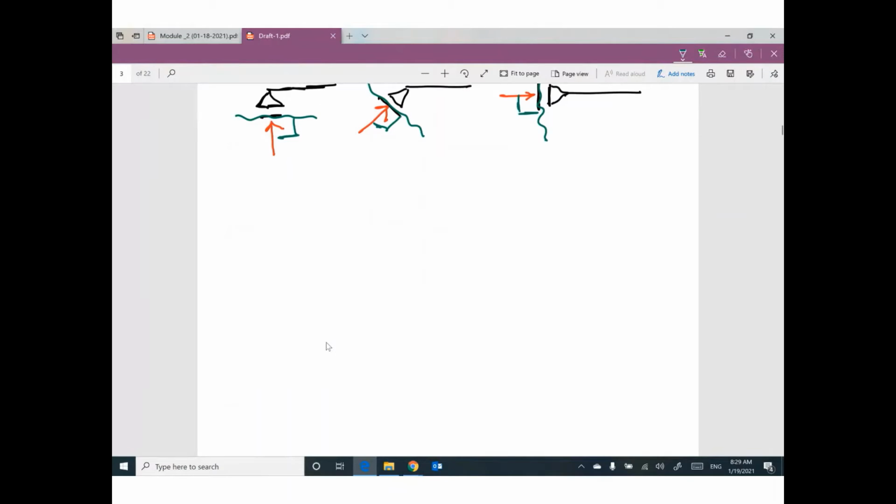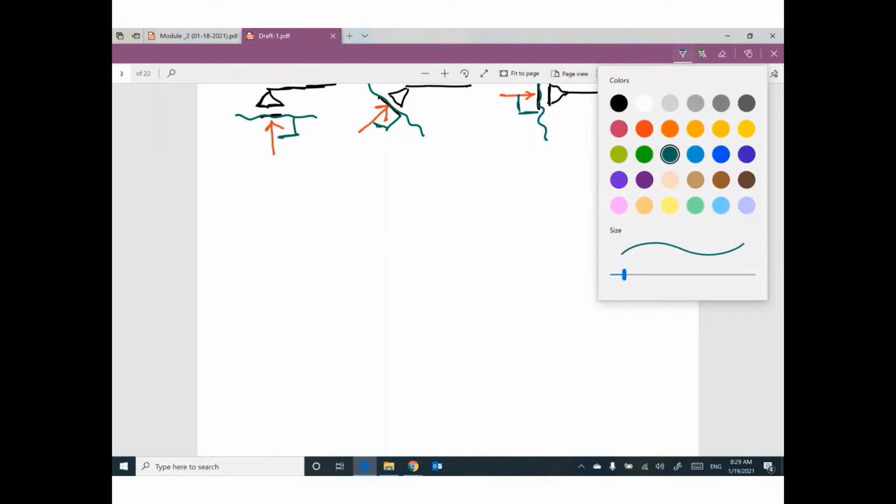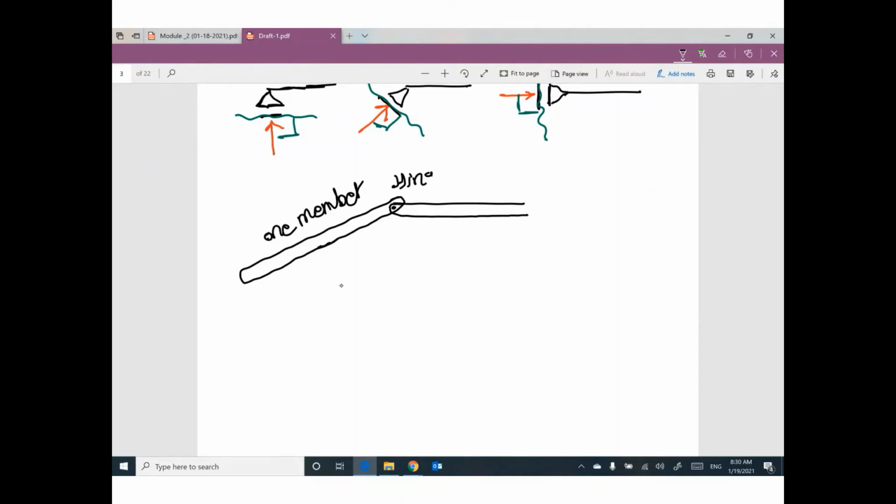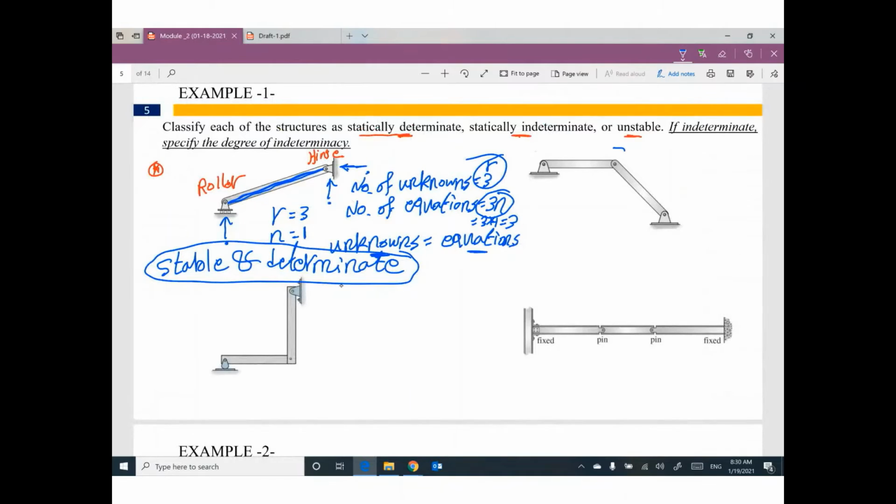Before going through the rest, I need to explain something here. This member is one member. Probably this member can be connected to another member by something called a hinge. Like this. Can you see this one?